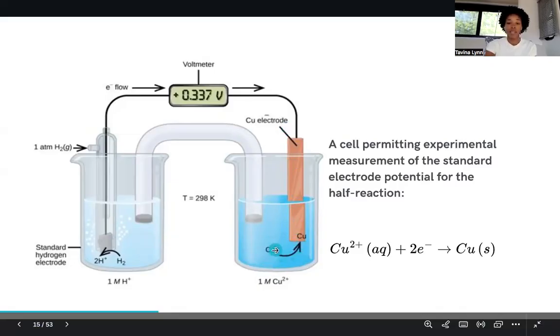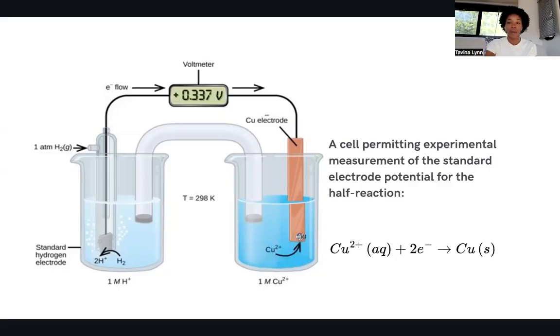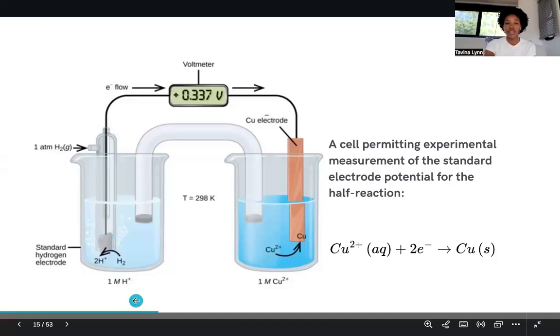Where copper 2 plus is being reduced to copper solid. So this is an example of how, in this next slide, when I show you all of these values of different half reactions, we're able to get these standard reduction potentials or standard cell potential values by coupling them to this standard hydrogen electrode.